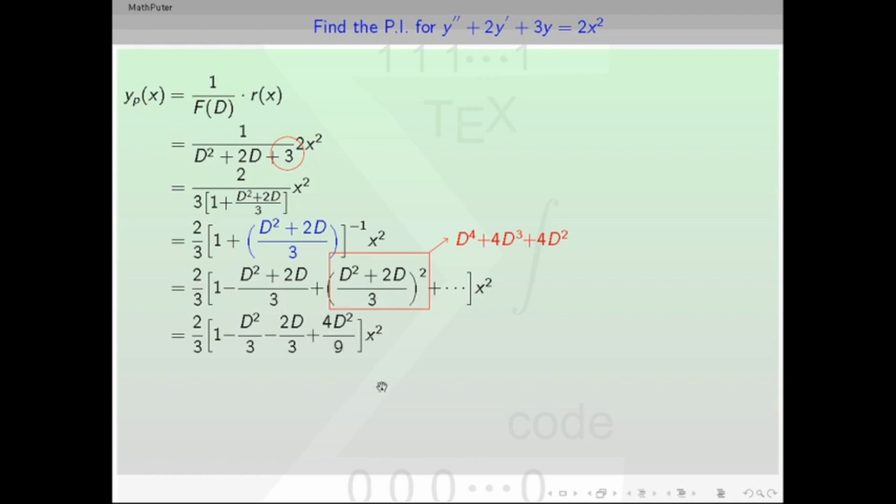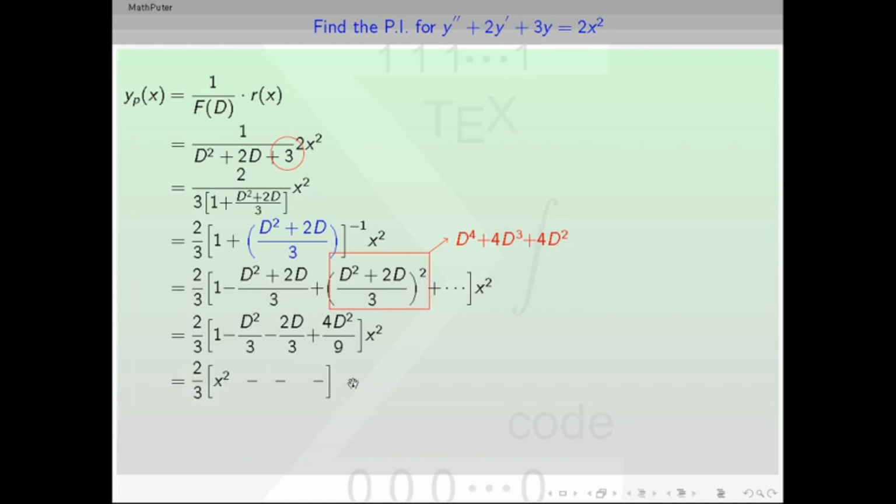See, if I consider the next term, then it is raised to 3, right? So at least D cube term we have. So the derivative of x square, right? So third derivative of x square is 0. So all other derivatives of x square are 0. So we are omitting the other terms. So this is 1 into x square.